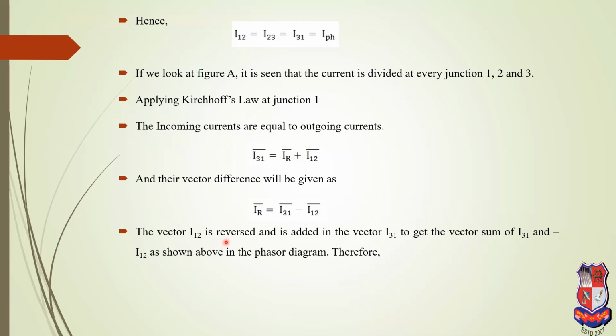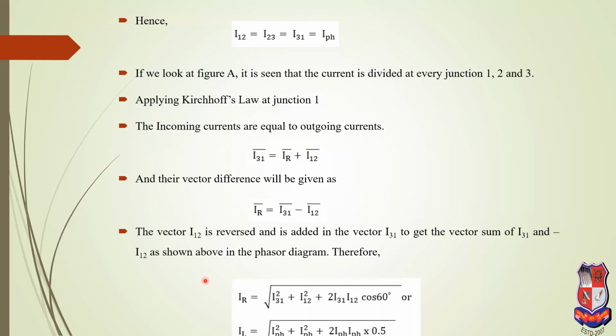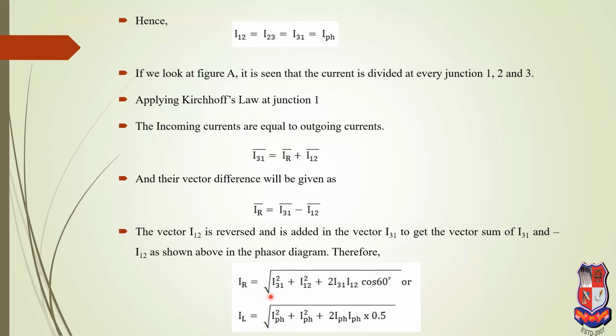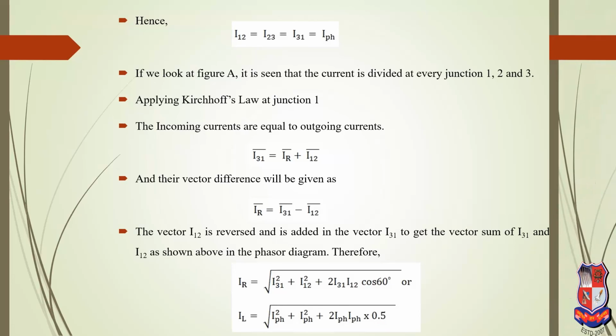The vector I12 is reversed and added to the vector I31 to get the vector sum of I31 and minus I12. That means by vector addition of these two we get IR. Therefore IR is equal to, according to the parallelogram method, this equation. Now I31, I12 and I23 can be replaced by I phase, so we get this equation, and cos 60 is equal to 0.5.